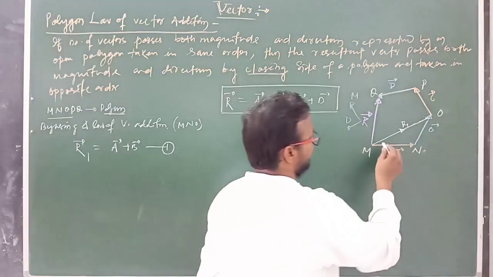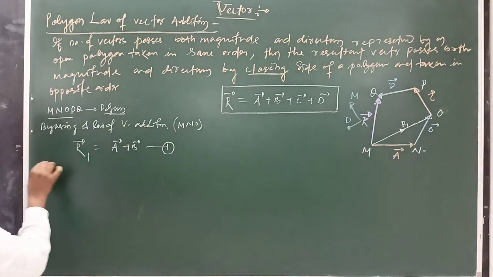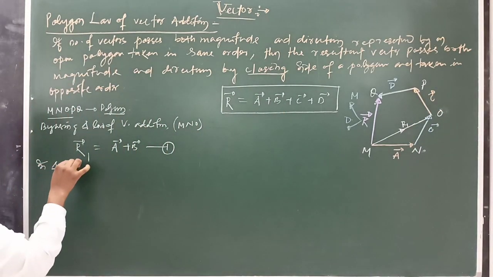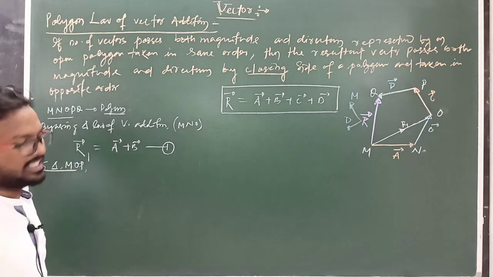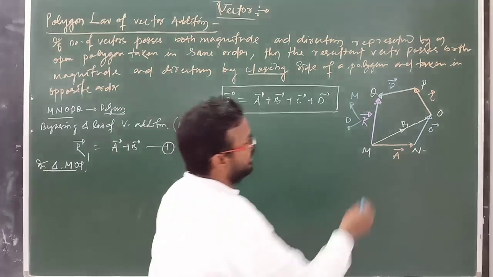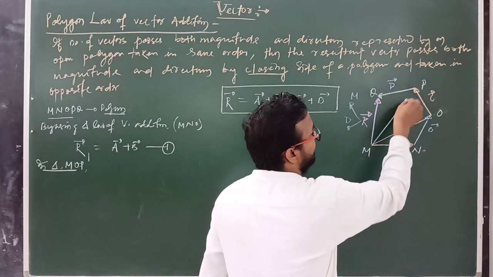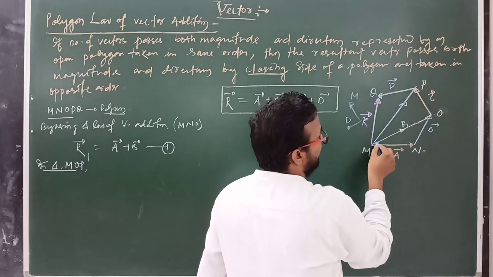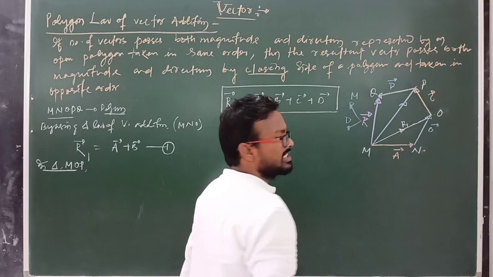Similarly, there is another triangle MOP. So in triangle MOP, by using the triangle law of vector addition, this is the resultant vector. Why is this the resultant? Because R1 vector and C vector are in the same order.